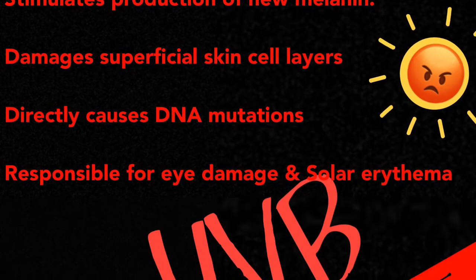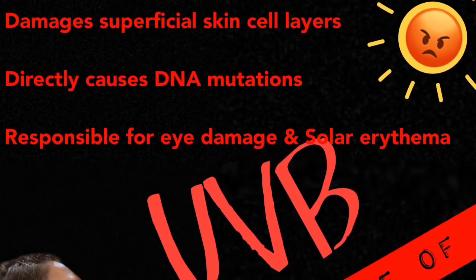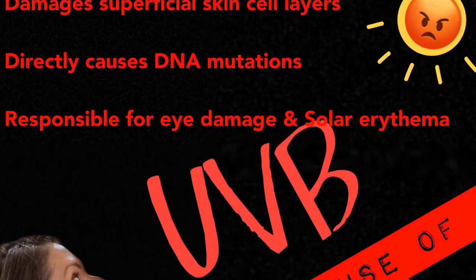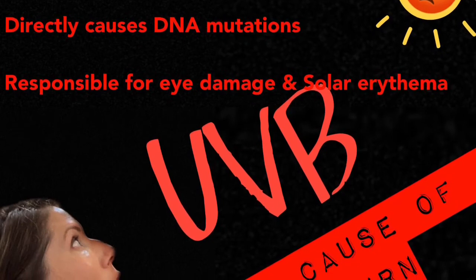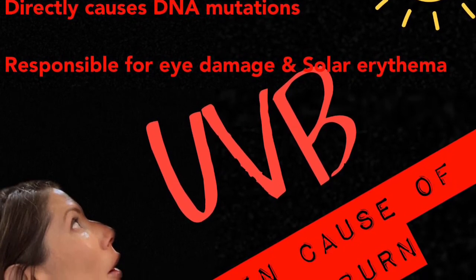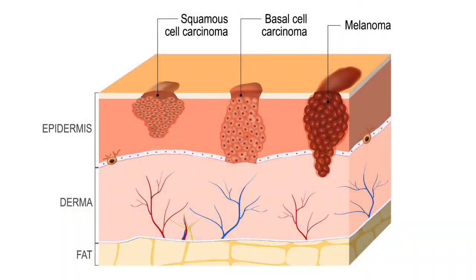Back to UVB rays. They are shorter than UVA. They have more energy. They can damage skin cells' DNA directly. They're the main rays that cause sunburns, and they are thought to cause most skin cancers.